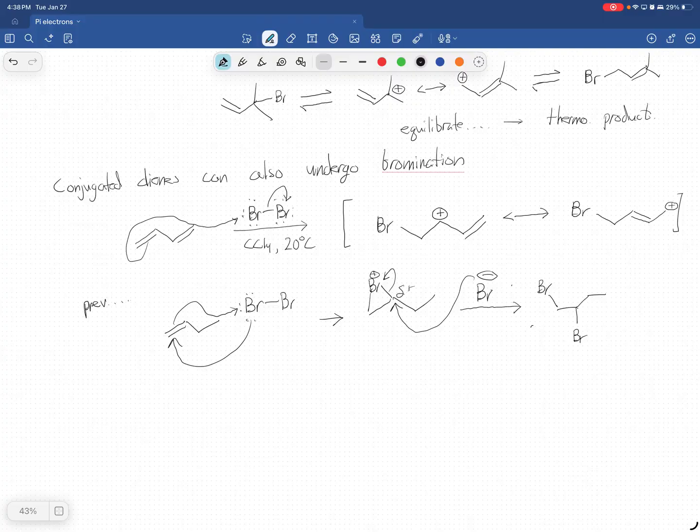So this intermediate does not form. And then once we have bromide ion right here, Br minus, we can get two different products now.